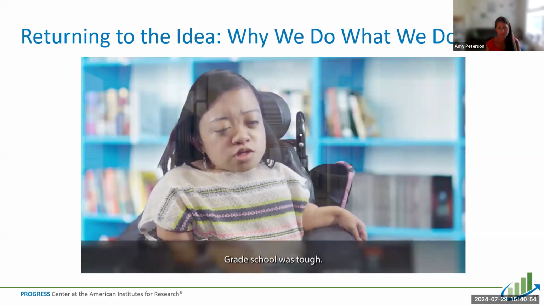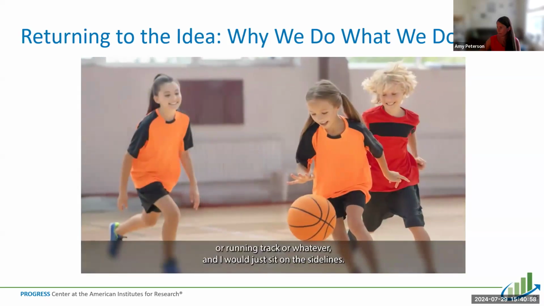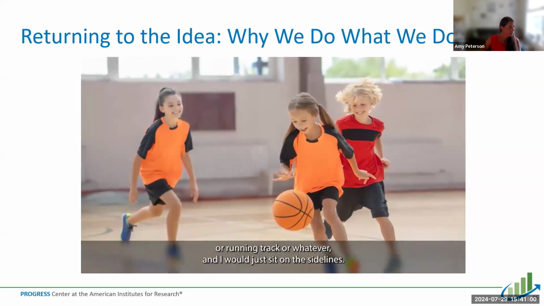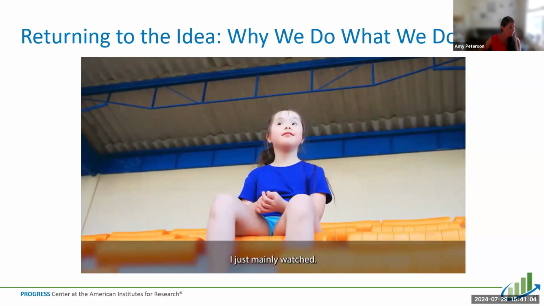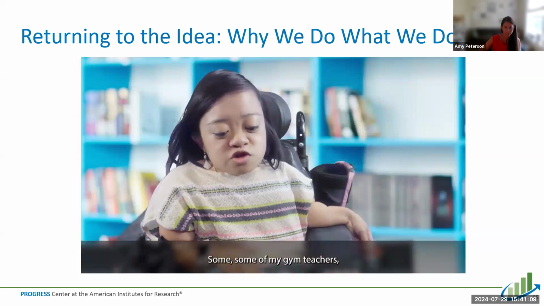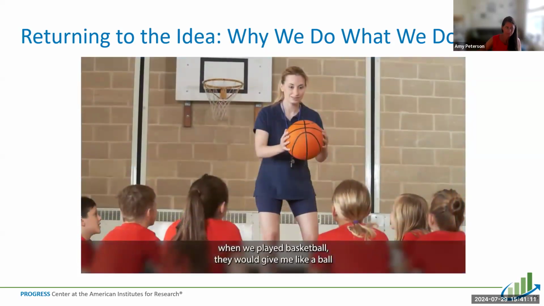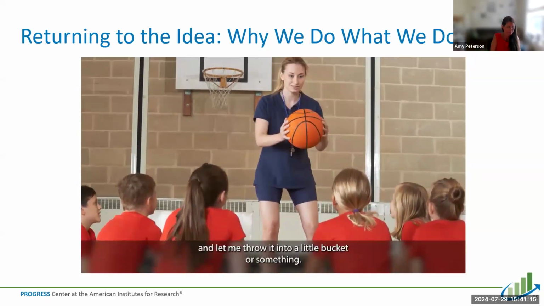Grade school was tough. My peers would be playing basketball or running track or whatever, and I would just sit on the sidelines. I just mainly watched. Some of my gym teachers would, when we played basketball, give me a ball and let me throw it into a little bucket or something.